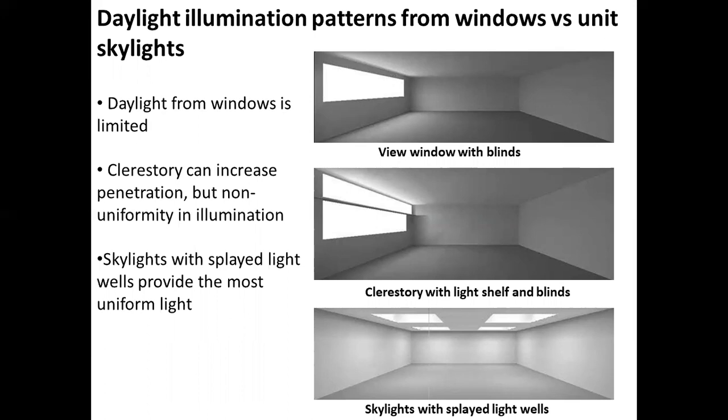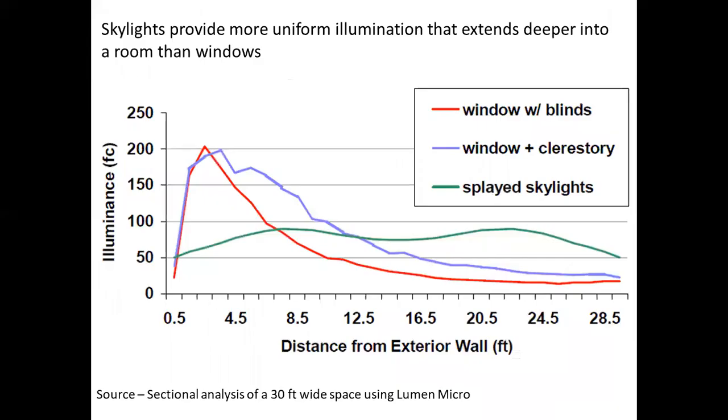Now diagrammatically we can put it like this: on one axis you chart the illuminance, and on the other axis you measure the distance from the exterior wall. If you try to plot a graph, it looks something like this. So let us analyze through this graph how your interior illuminance is performing when you have different types of light inlets to the space.